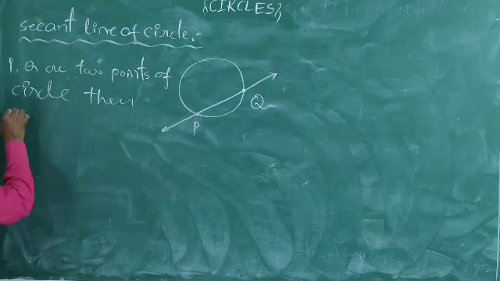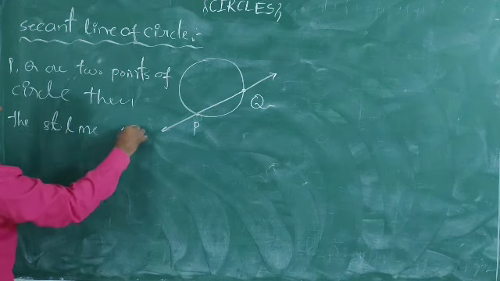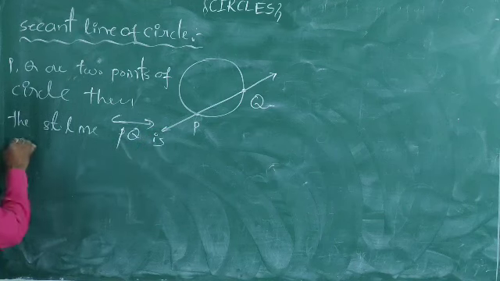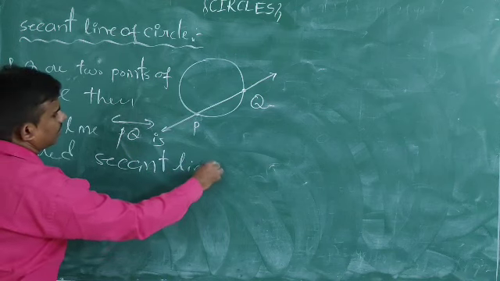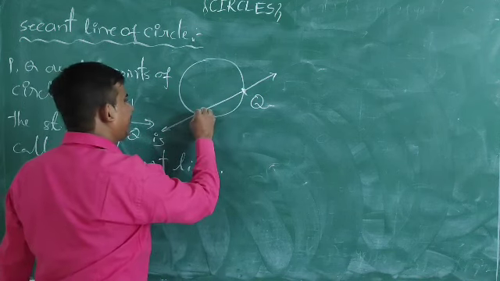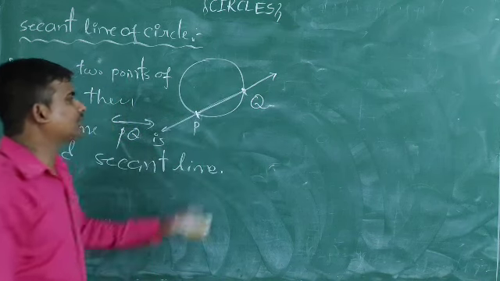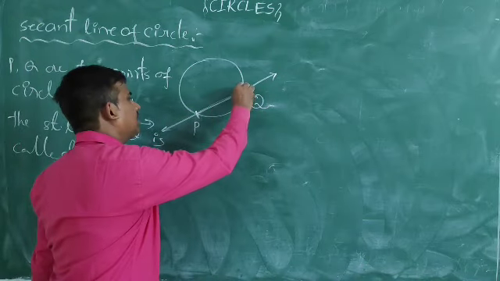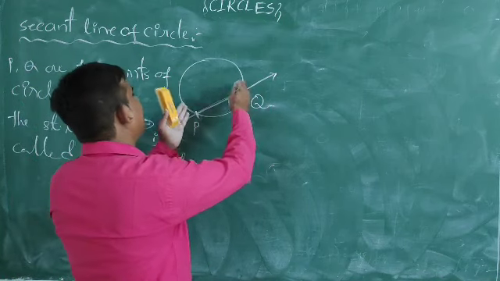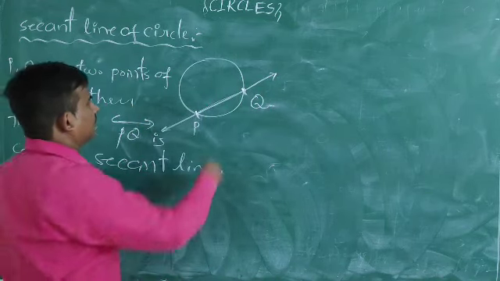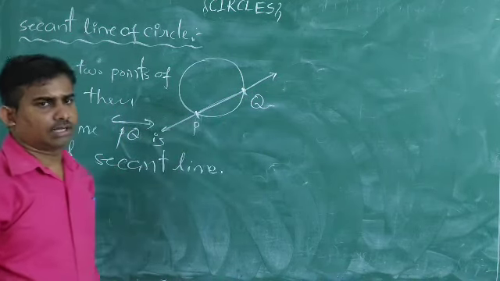Then the straight line PQ is called the secant line, and the line segment between the 2 points, the segment of the secant line contained inside of the circle, with the points on the circle, is called the chord.